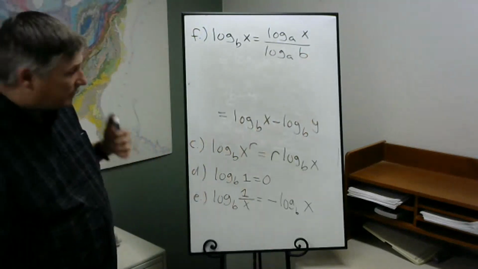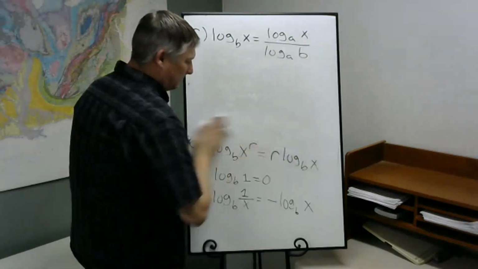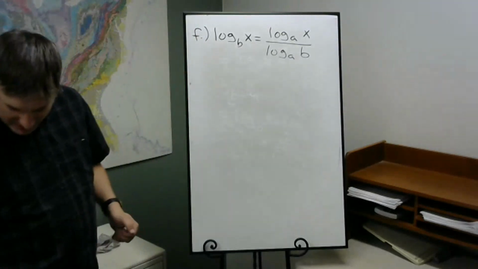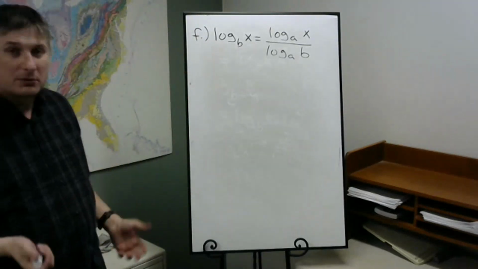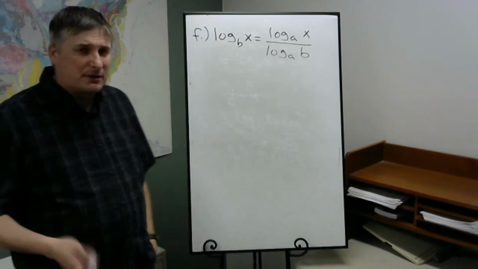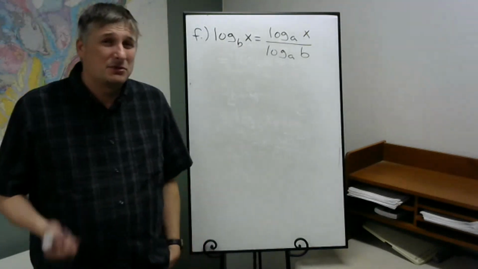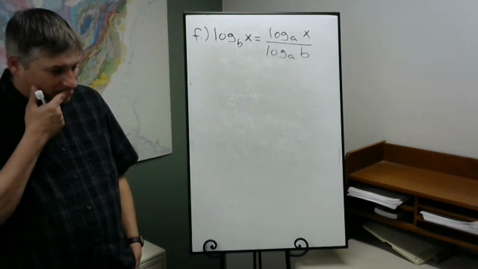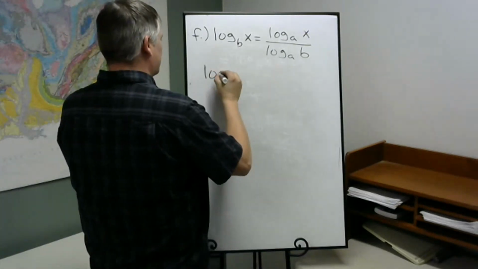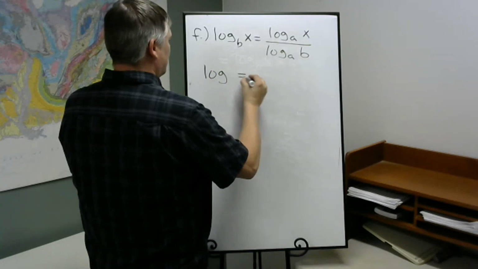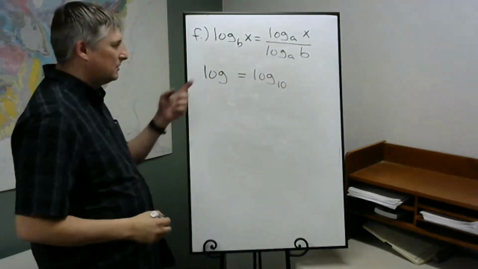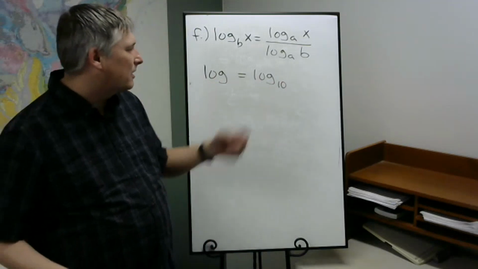So I'm going to do an example with this one. And why is this helpful with a calculator? Well, as you might recall from the examples that we were doing, we had a log base 7, a log base 1/2. Look on your calculator, you actually only have 2 log buttons. The first one is just log. And this is log base 10. So the log button on your calculator is typically log base 10.